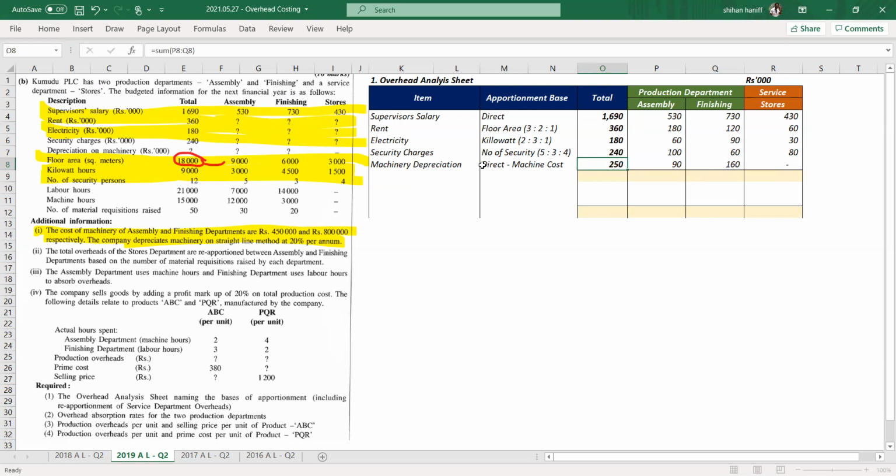Total depreciation is 250 and 160. Then we'll calculate the total of each column.